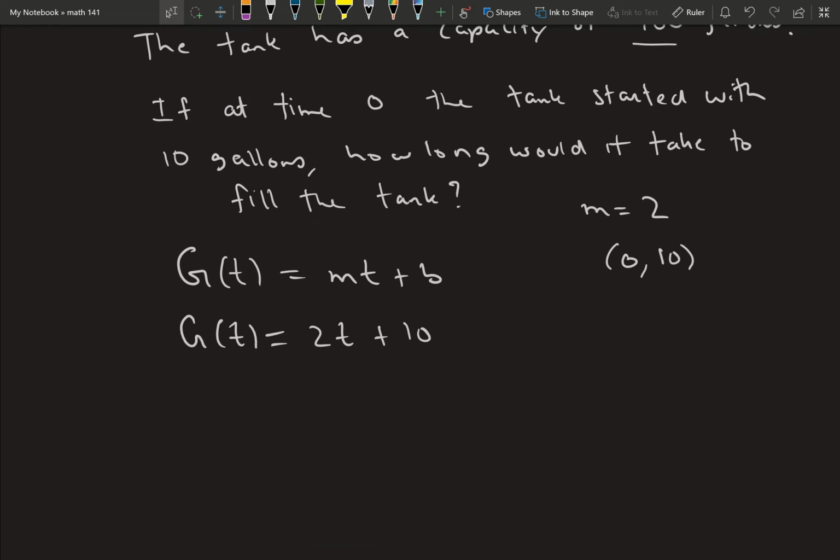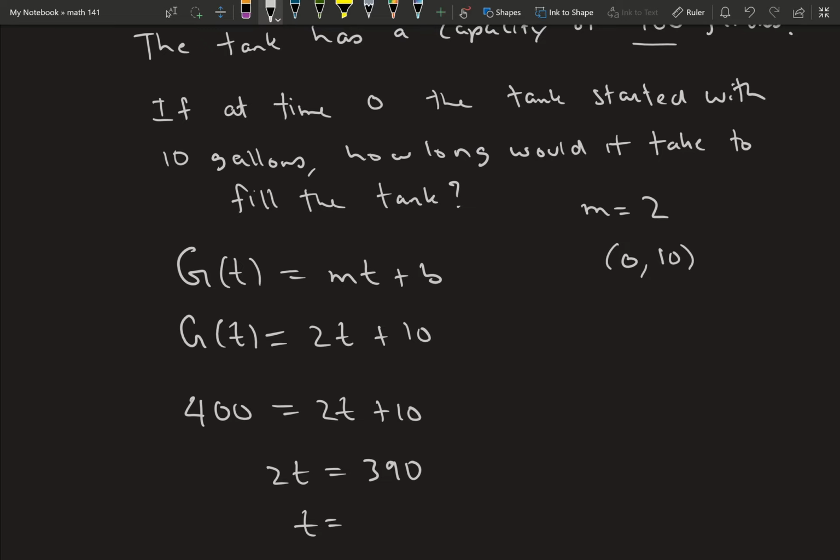And the question is, how long does it take to fill the tank? Well, the tank has 400 gallons, so we simply write 400 is equal to 2t plus 10. So 2t is 390, subtracting 10.